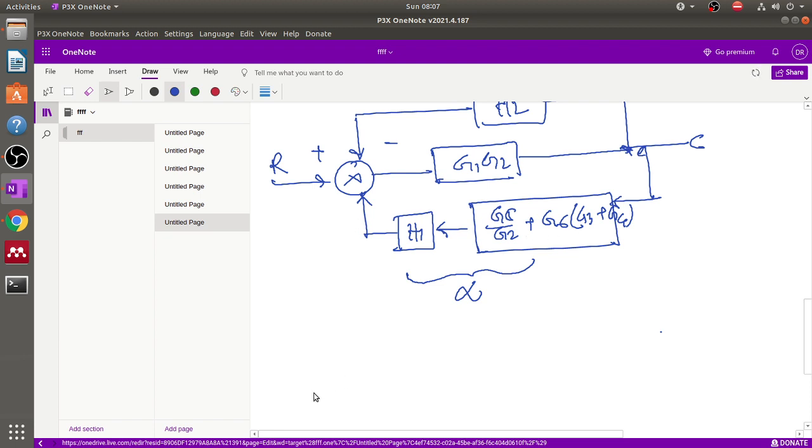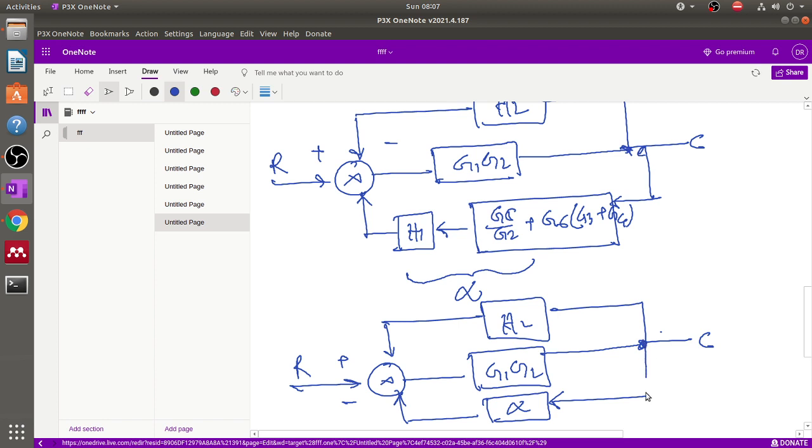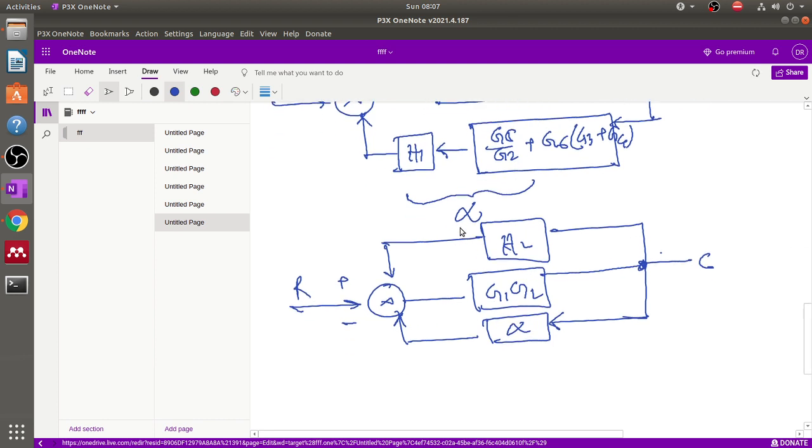So now this is plus, this is minus, this is R, this is a feedback signal H2 coming from the output C, this is a forward path G1, G2 connected from here, and here one block is known as alpha. In this alpha, this expression is this. Alpha is basically this into this, as we mentioned earlier.